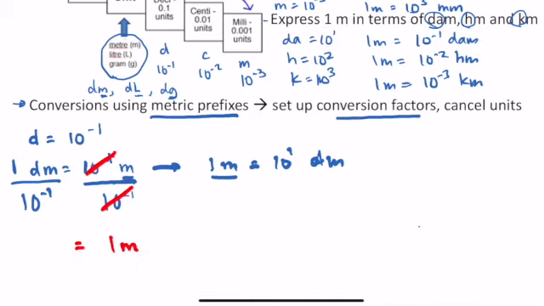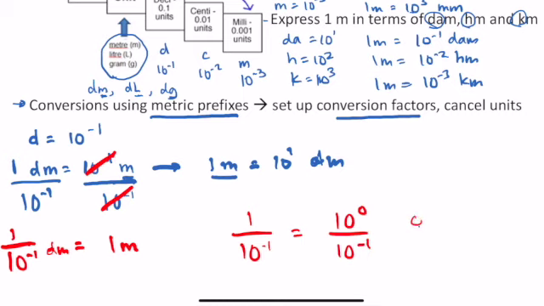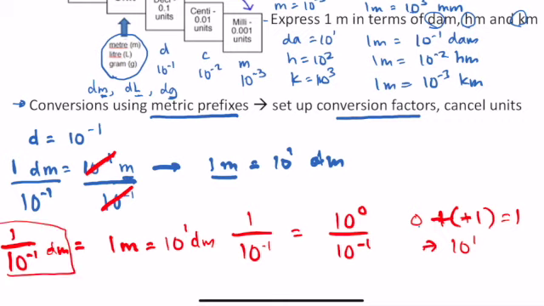On the other side, I have 1 over 10 to the minus 1 decimeter. Remember, 1 over 10 to the minus 1, you could write instead as 10 to the 0 over 10 to the minus 1. 0 minus minus 1 is two negatives, and when you subtract a negative, that's 1, or 10 to the 1. So 1 meter is 10 to the 1 decimeters. That's what I just did there.